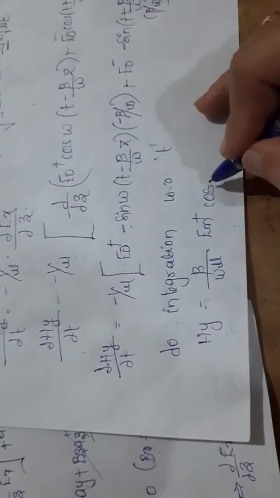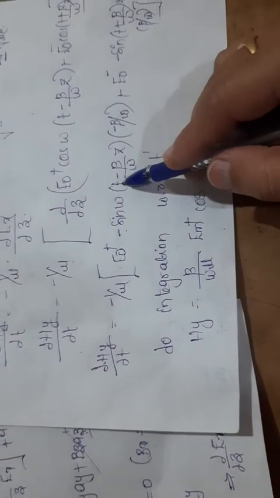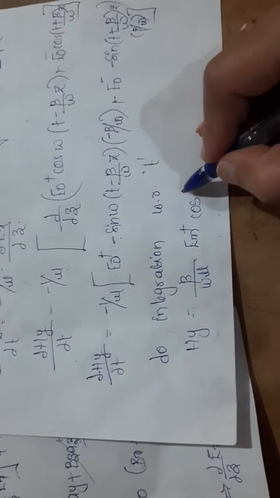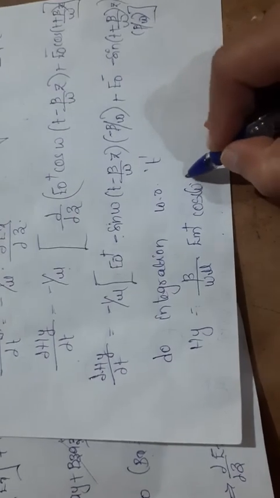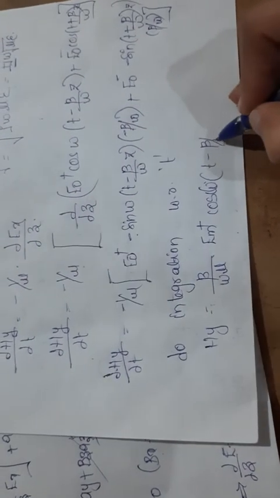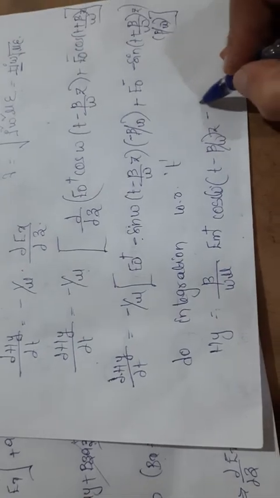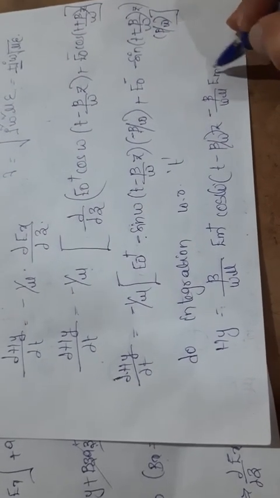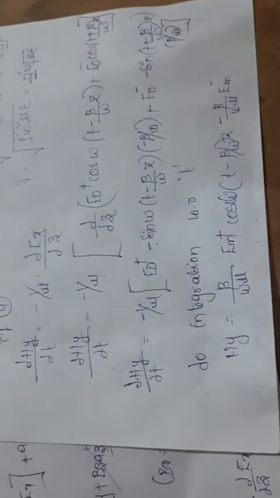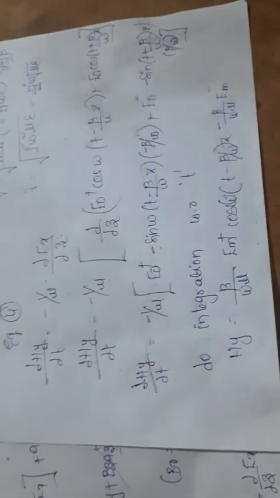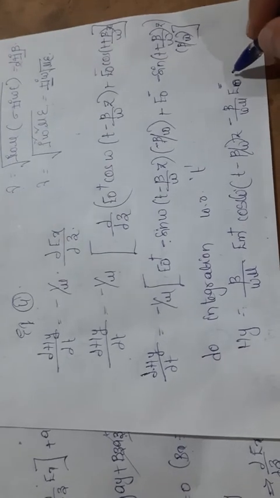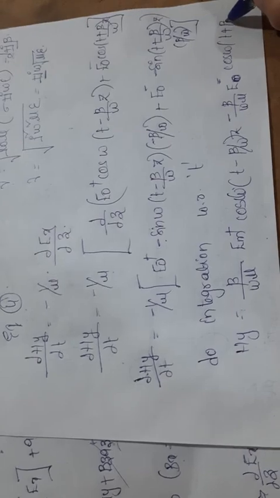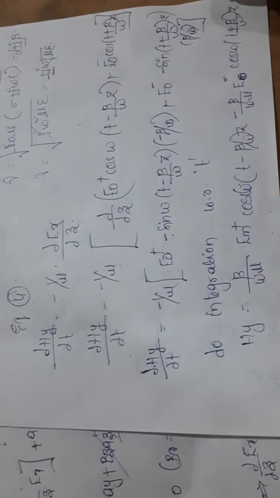And we are doing it with respect to t, right? So only 1 inside. So cos of omega t minus beta by omega z, minus beta by omega mu into E naught minus cos of omega into t plus beta by omega into z.